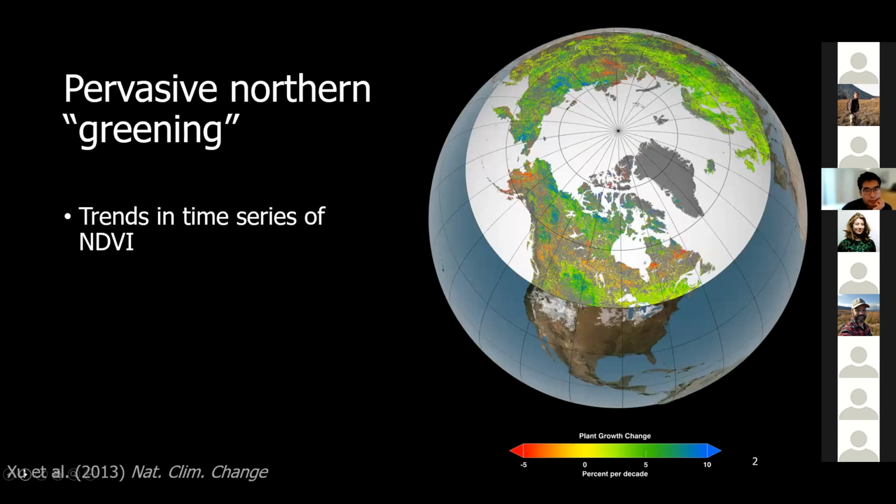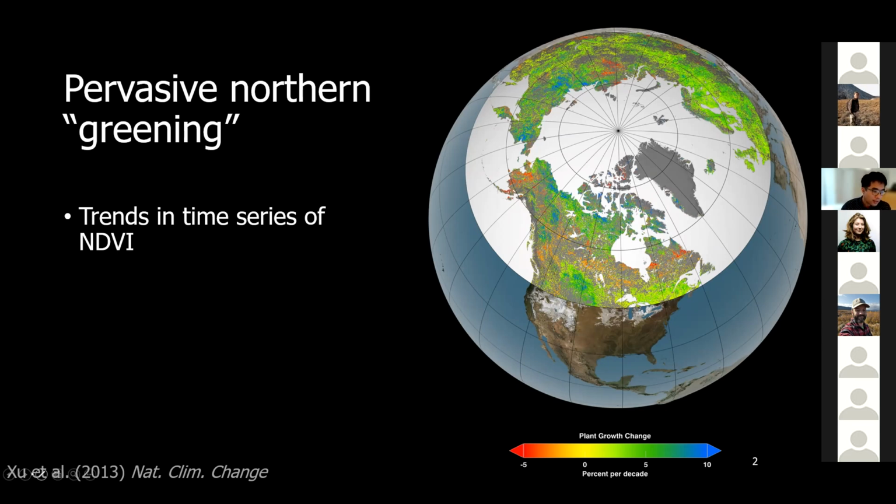Some of the motivation for this work is focused on this notion of northern greening trends, right? If you zoom out and look at the whole Pan-Arctic, Pan-Boreal zone, we can see that based on trends of NDVI and these remote sensing based indices of greenness, there tends to be a general increase in this value, that's NDVI, which suggests an increase in plant growth, right?